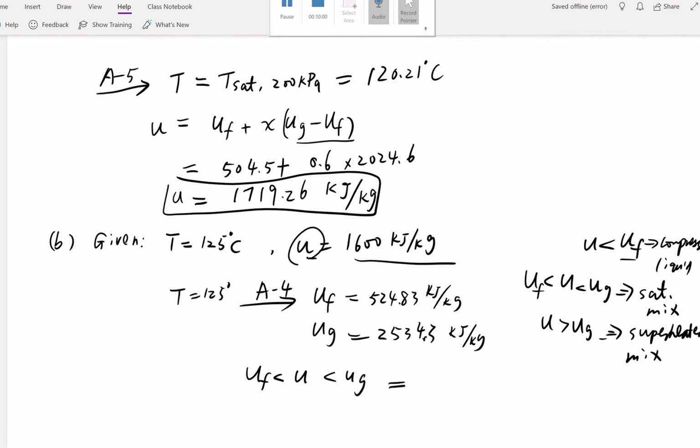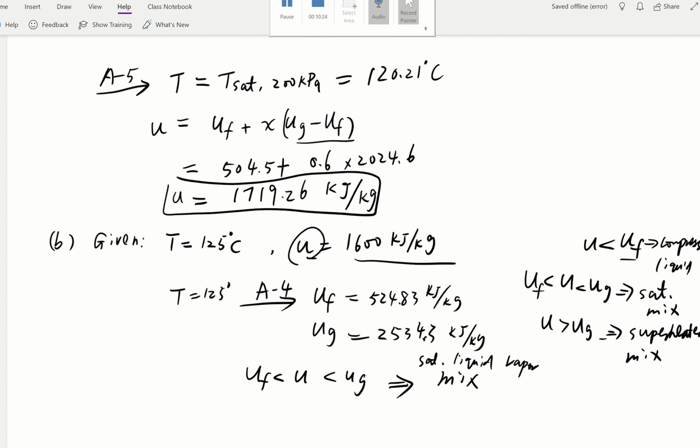Based on our criteria discussed just now, that is a mixture. That is a saturated liquid-vapor mixture. So we figure out the phase, right? We didn't know before until we just did this step. So that's educated, not a guess anymore.